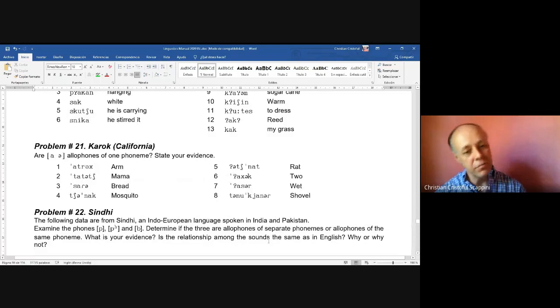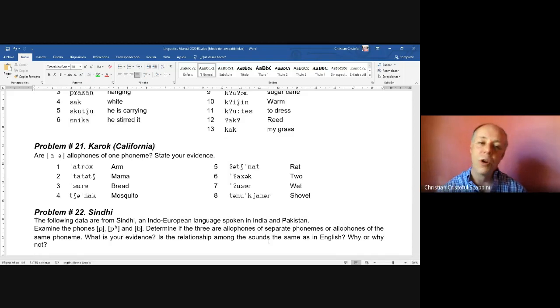So again, whatever we do, we need to read the instructions. The instructions say: are the sounds allophones of one phoneme or not? In this case, the instructions do not help me because I need to know if they are allophones or phonemes. I need to follow the steps then. Step number 1, look for a minimal pair. Is there any minimal pair?